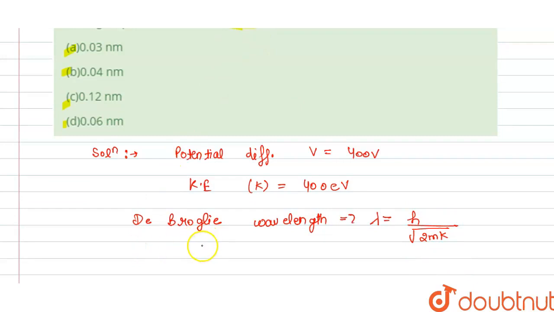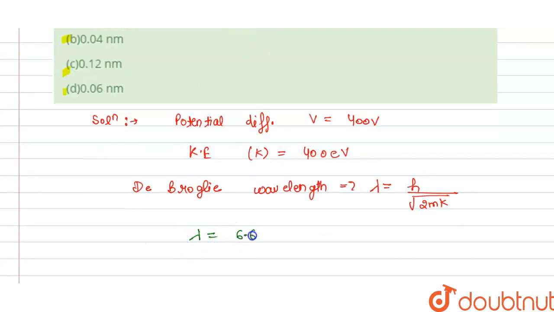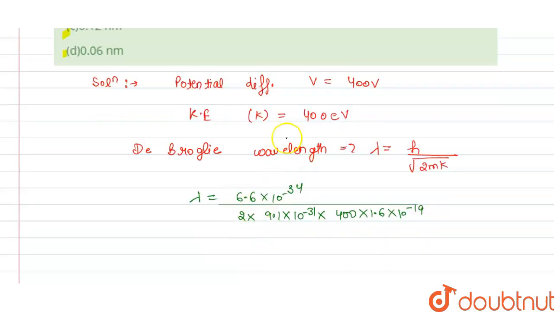If we put the values here, Planck's constant is 6.6 into 10 power minus 34, divided by under root of 2 times mass, that is the mass of the electron, 9.1 into 10 power minus 31, times K, that is the kinetic energy, 400 electron volt. So this is multiplied by 400 into 10 power minus 19, so that we can convert it into joules from electron volt.